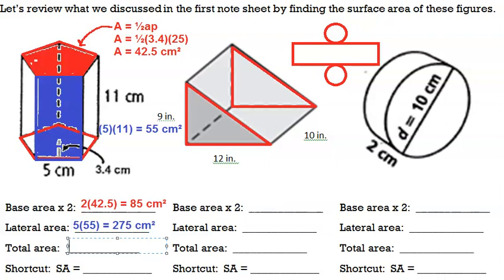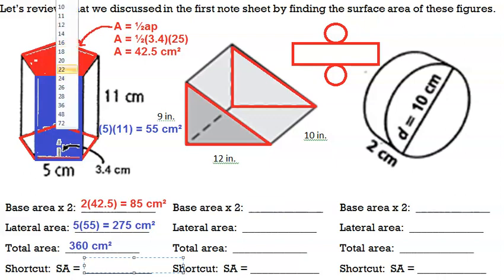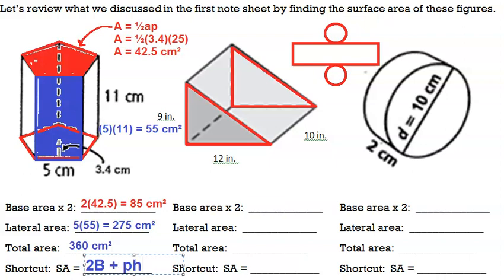The total area is just what you get from both bases plus what you get from the sides, which would be 275 plus 85, which would be 360 centimeters squared. Now, you are not given formulas on the end of course exam, but if at some point you might want them, the surface area shortcut would be 2B plus the perimeter times the height. Now, this is where people get thrown off.